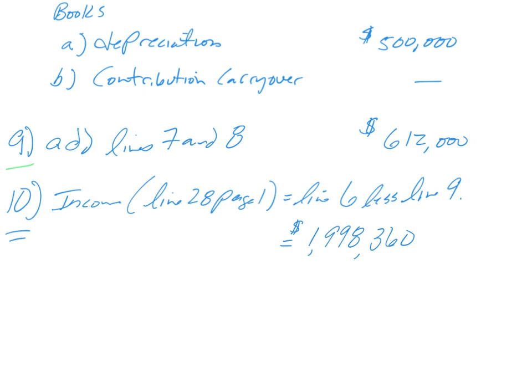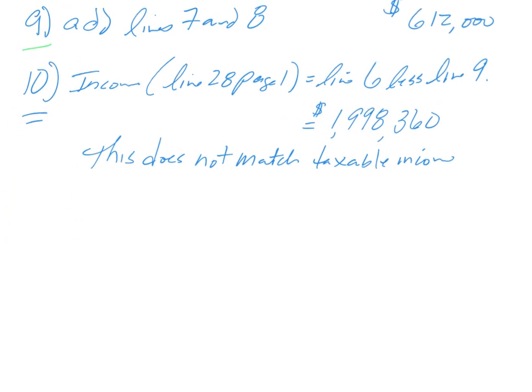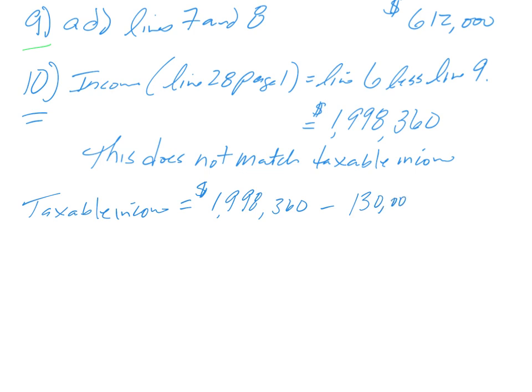Okay, and you'll notice that does not match taxable income. All right, taxable income is equal to that minus your dividends received deduction.